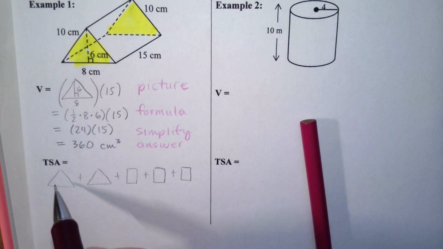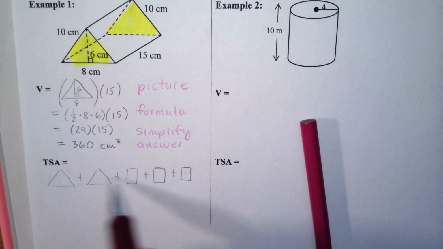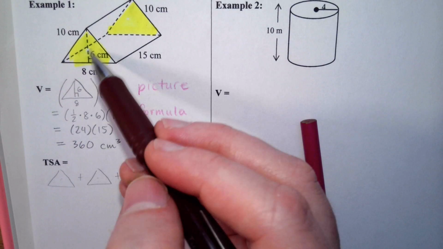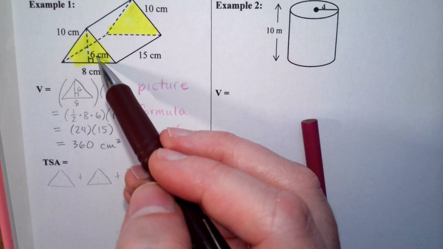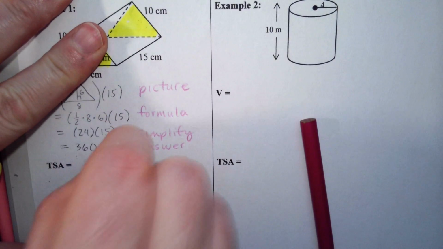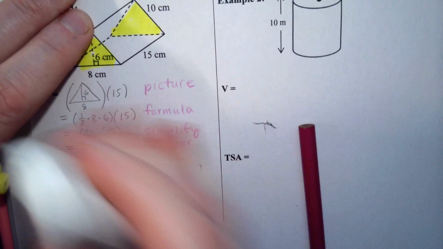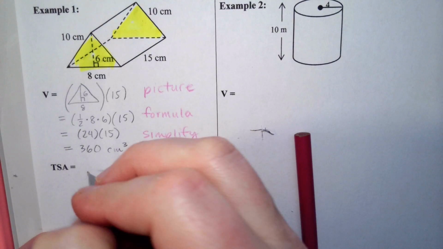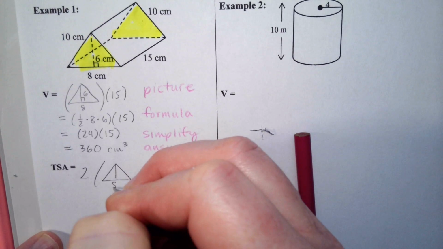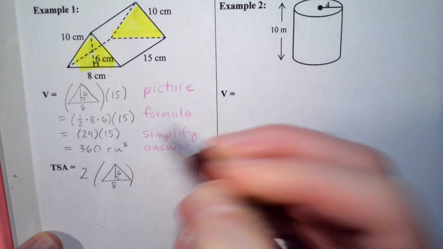Now if we have something with lots of sides, this gets really long. Is there a faster way of writing it? And the answer is yes. These 2 triangles are congruent. I'm going to save time by, instead, writing 2 triangles that are congruent, each with a base of 8 and a height of 6.